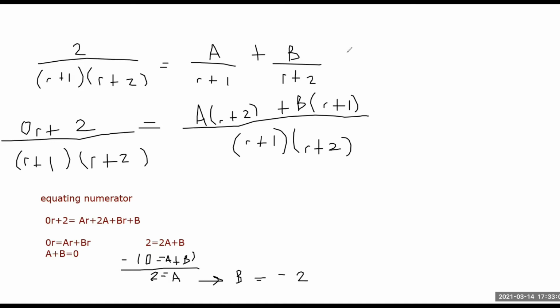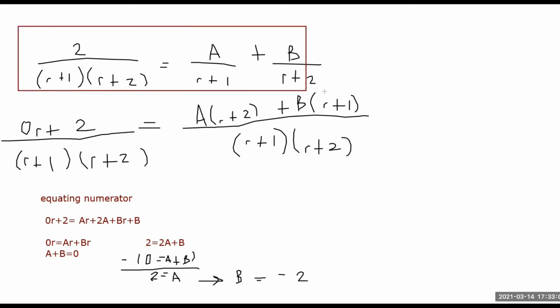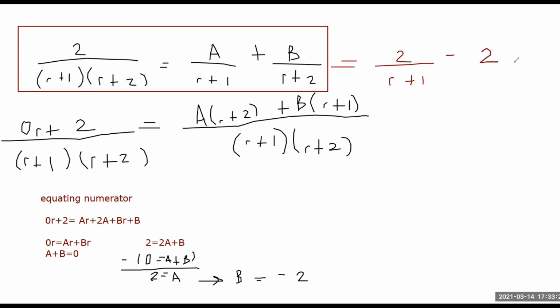So what that means is that this part right up here is now equal to a over r plus 1, which is 2 over r plus 1, minus 2 over r plus 2. That's what it works out to be. Nice.